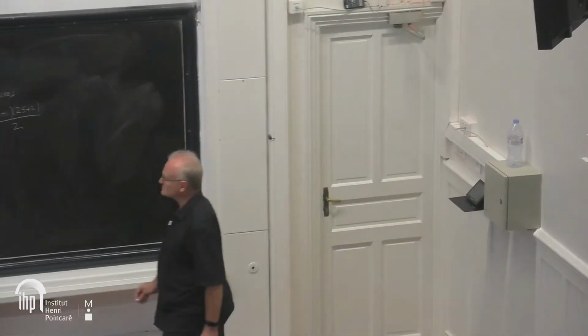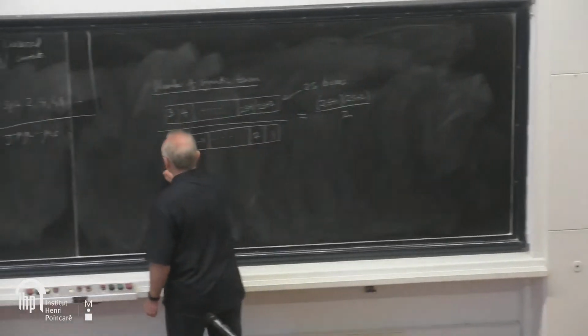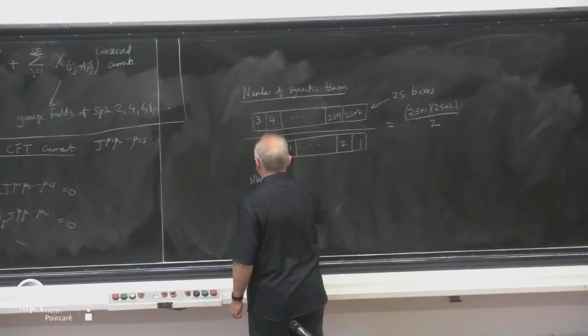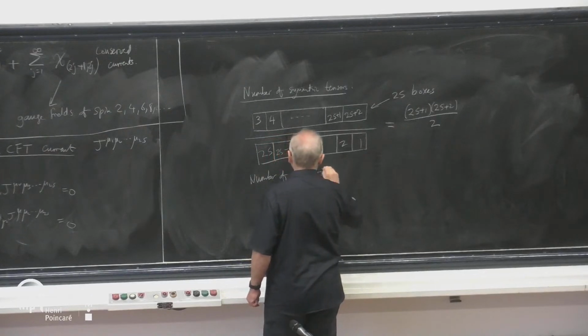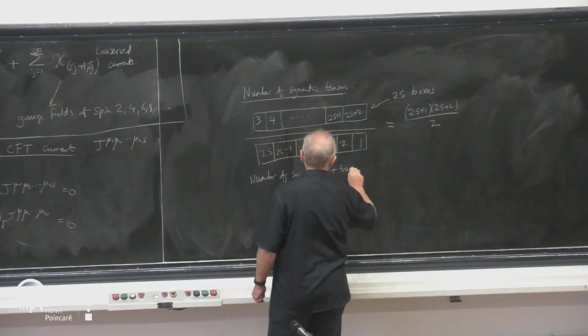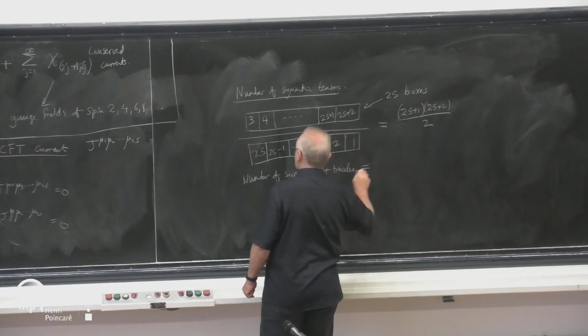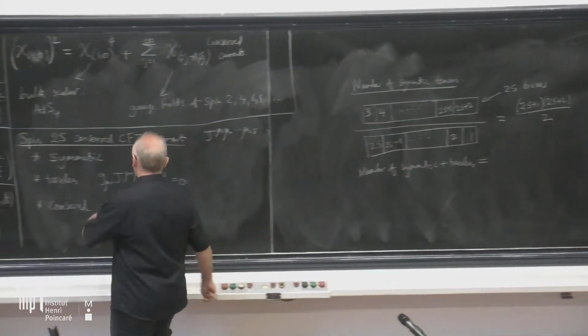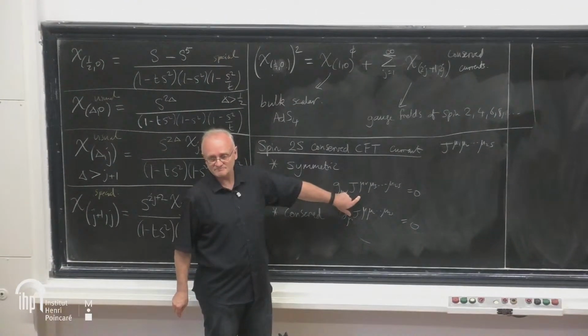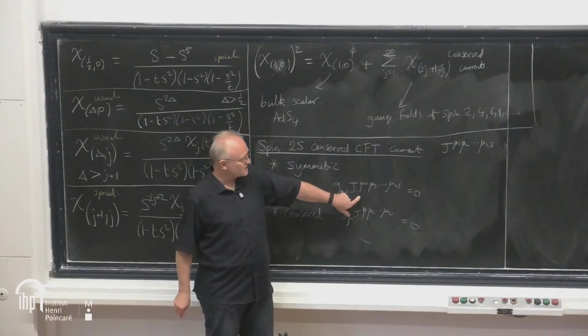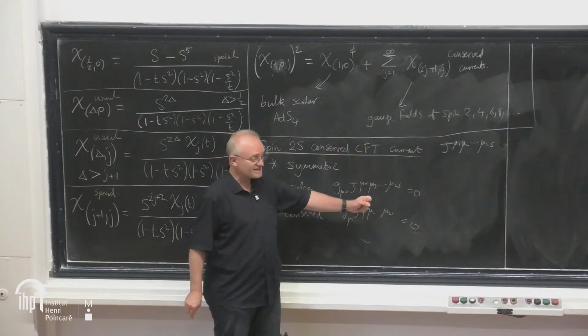Now let's ask, what is the number of symmetric and traceless? Well, I can use this equation to eliminate components of the tensor. So the number of symmetric traceless will be the number of symmetric minus the number of equations over here.